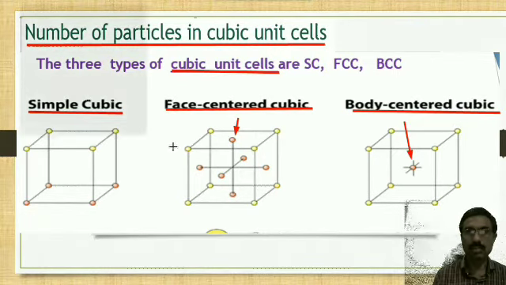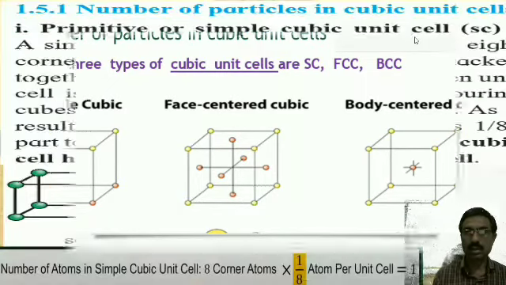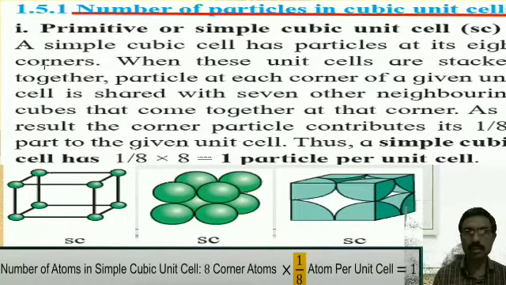The number of particles present in a cubic unit cell. The first type is the simple cubic unit cell, or primitive cubic unit cell.